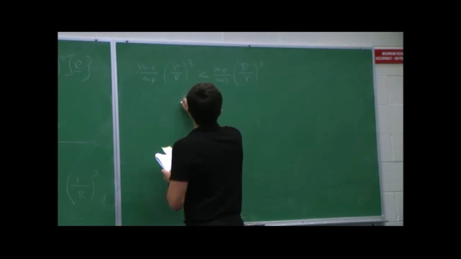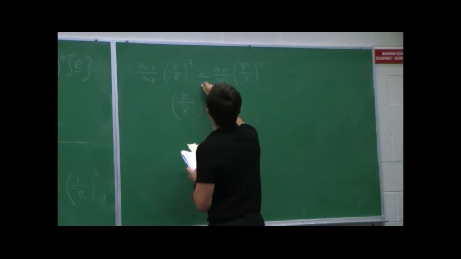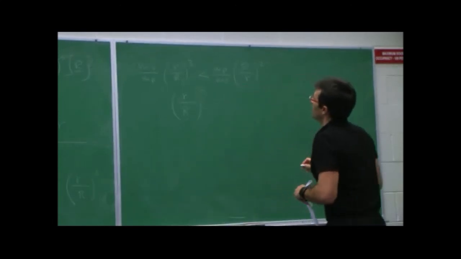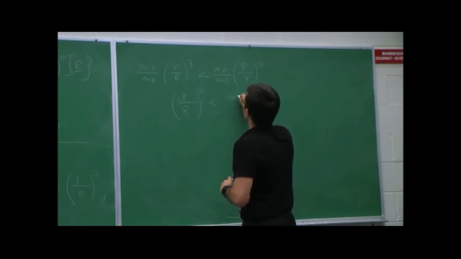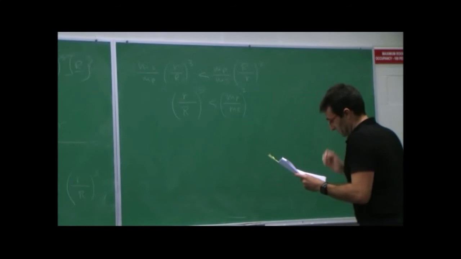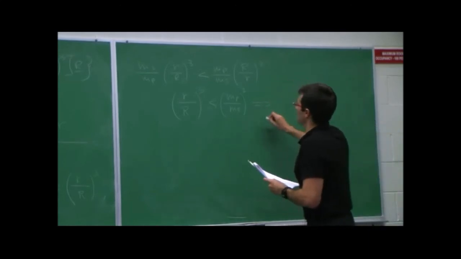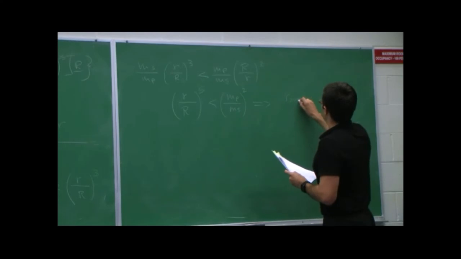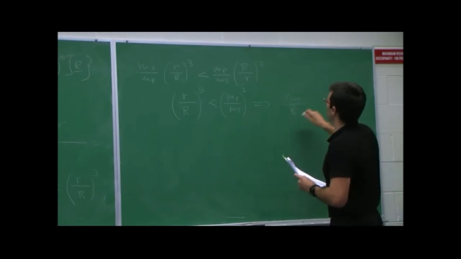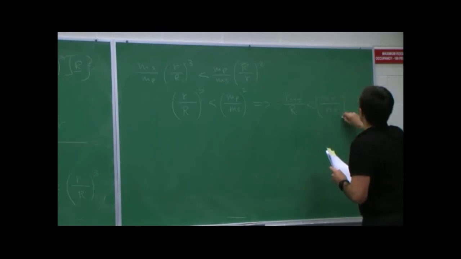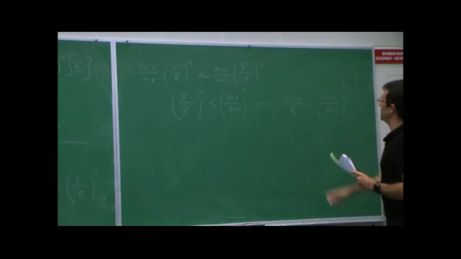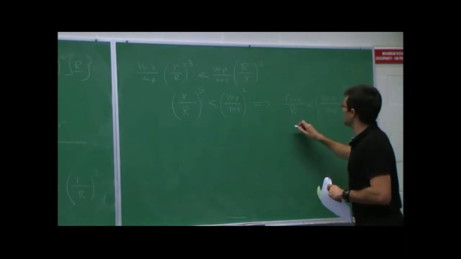So in the end I have this expression on the left: little r over big R to the fifth has to be less than m planet over m sun squared. Yep. And so if you want, you can say the radius of the sphere of influence over the distance between planet and sun has to be less than mp over ms to the 2 over 5, and that's the end of the story. Or if you want to multiply times R, but that's how you get it.